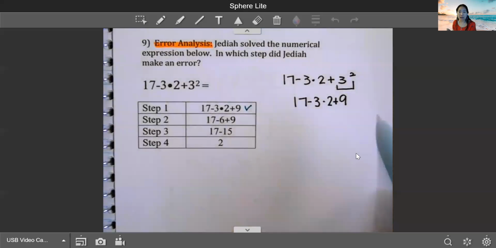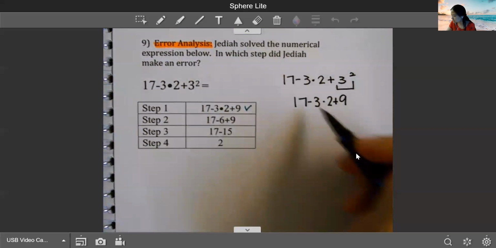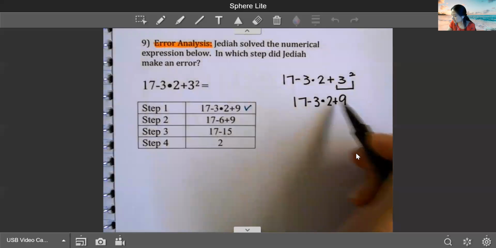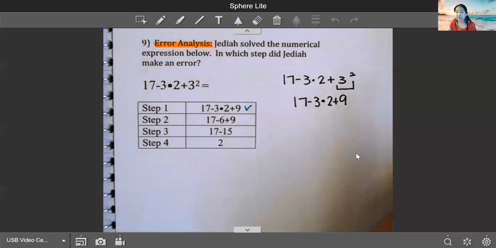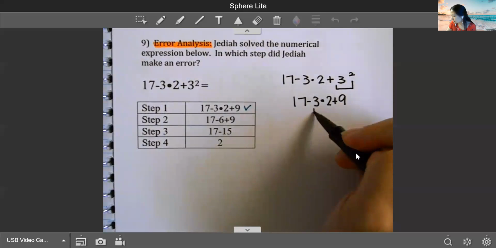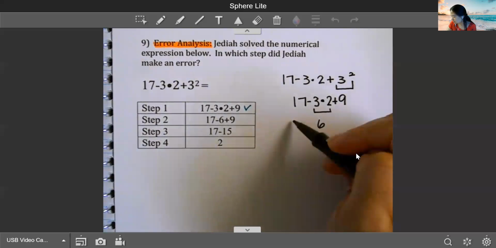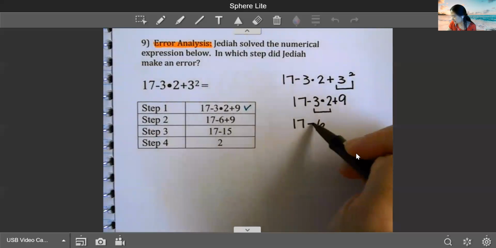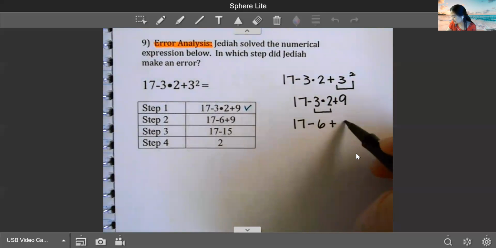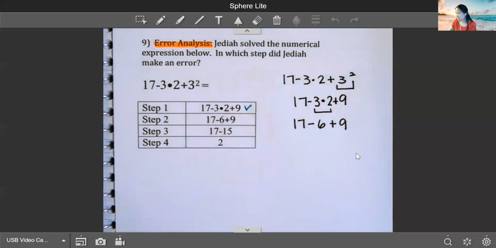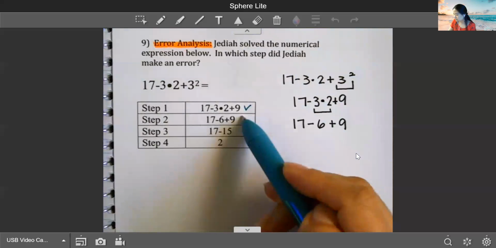So step 1 is correct. Now for the second step, here we have subtraction, multiplication, and addition, so I would multiply next, and that would give me 6. So 17 minus 6 plus 9, and as you can see, that's exactly what step 2 has.